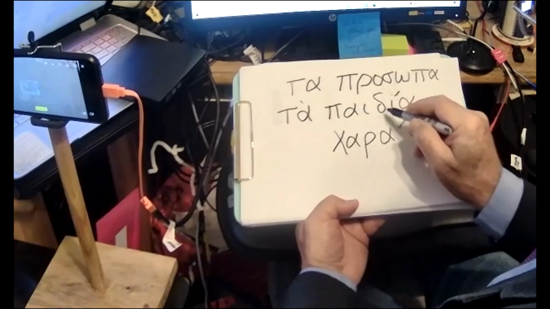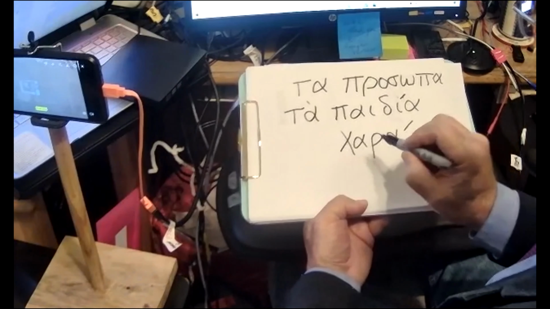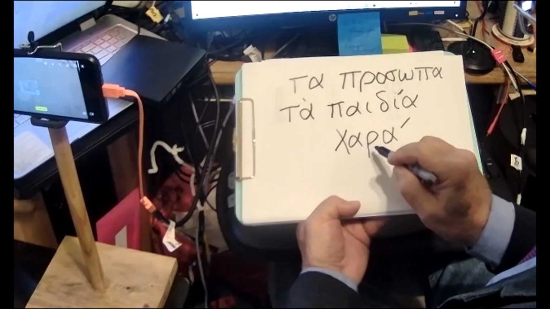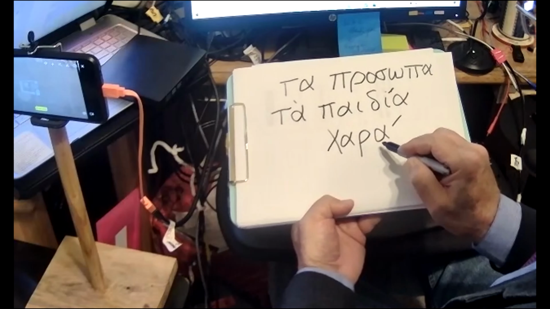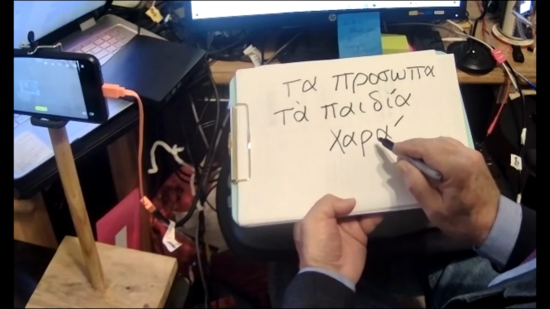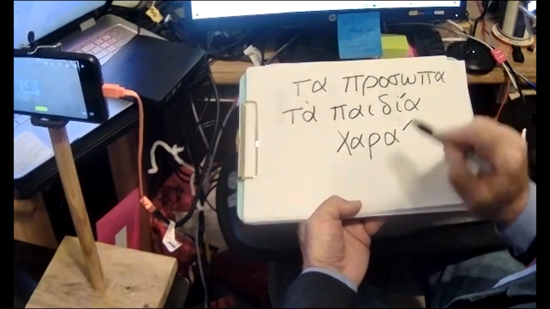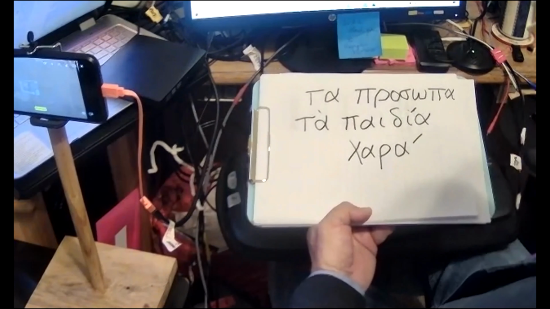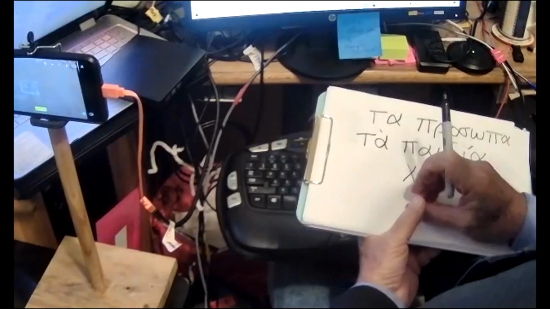The infants has alpha at the end, but now the words we are learning, for example, joy, singular, nominative, joy would be the subject. Chara also has alpha. So don't confuse it with the neuter plural endings that we had before.